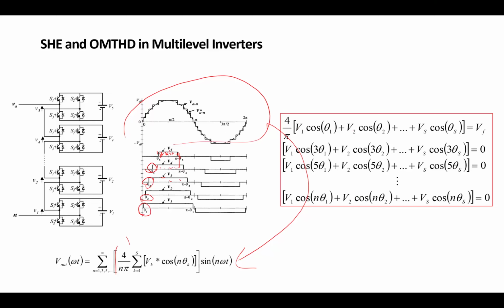So now, instead of haphazardly trying to reduce the harmonics, we could focus on very significant ones and aim to eliminate them. For example, one case is to eliminate the third harmonic, the fifth harmonic, or the seventh harmonic. If you search, these are the most significant harmonics that inverters inject in the system.